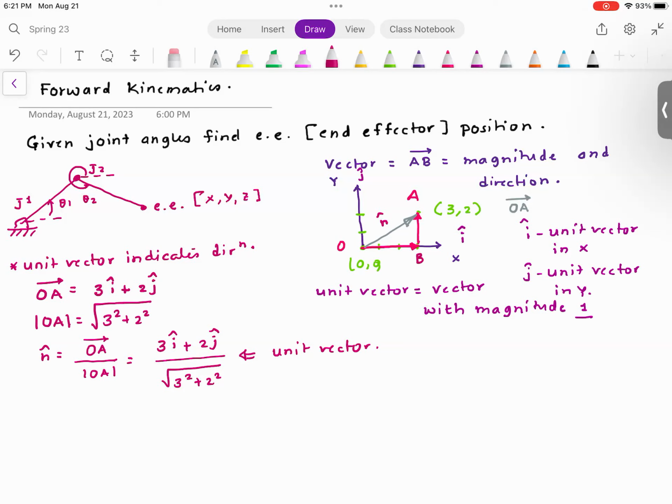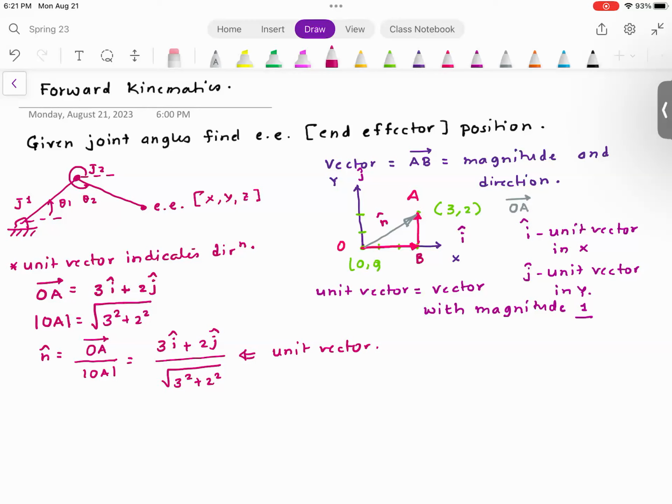Okay. Now, this forward kinematics is, given the joints J1 and J2, we need to find out the position of the end effector. Right now, if you look at this image where I have drawn this robot, it has 2 arms and 2 joints.